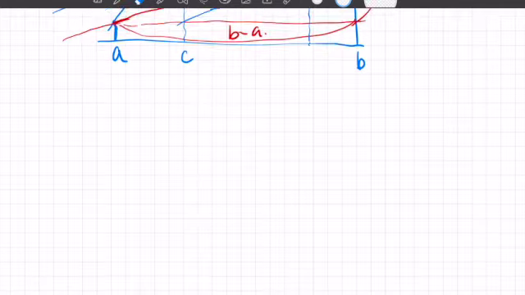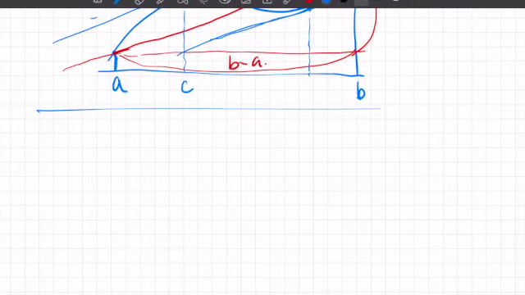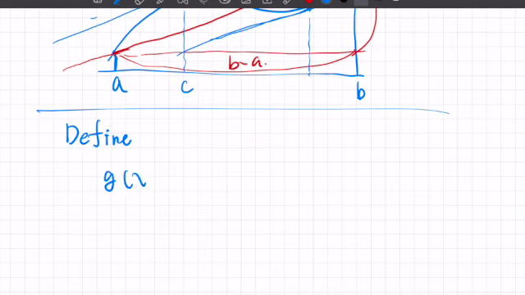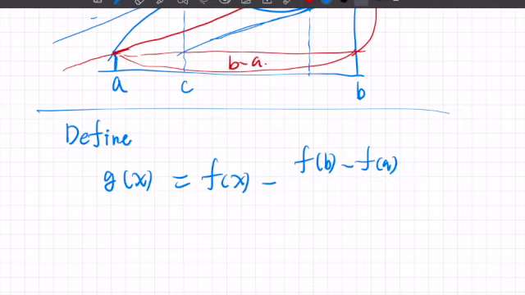Let's prove this, and the proof is quite simple. We just apply Rolle's theorem on an appropriate function. So let's define a function g of x that is f of x minus (f of b minus f of a over b minus a) times (x minus a).